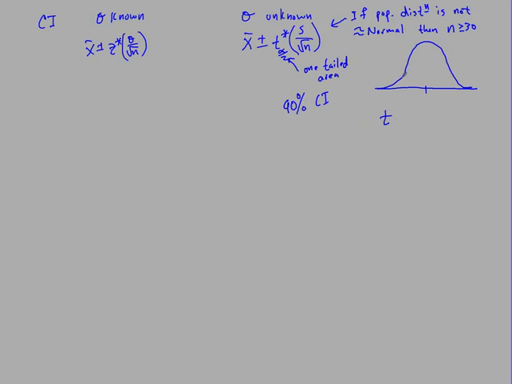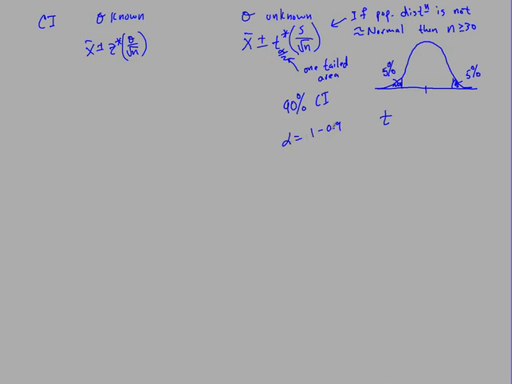All they're saying there is that this is going to be 5%. That's what this means, because alpha equals 1 minus 0.9. That gives me the outsides, this and this.